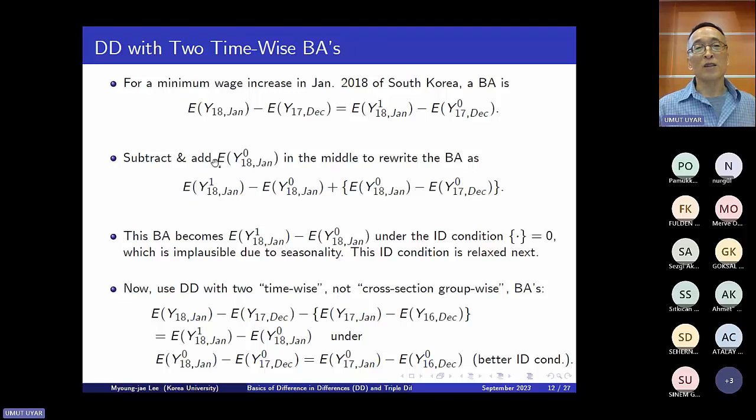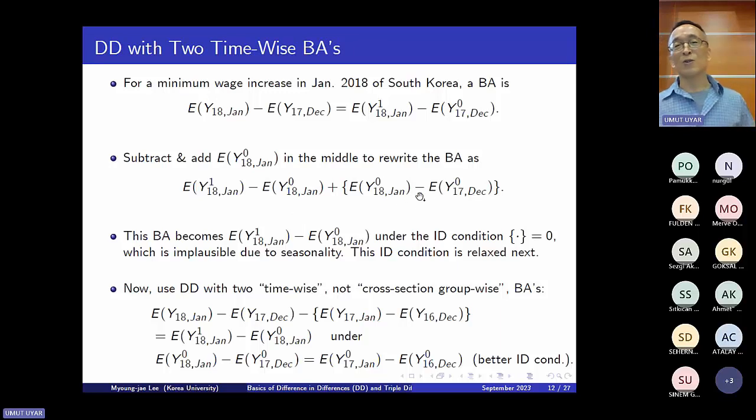Now I subtract and add this counterfactual January 2018 untreated outcome, and this comes here and this comes here. So the BA stays the same. The BA identification condition would be that these two are the same. If that is true, this BA will identify the effect of the minimum wage law on the price level in January of 2018.